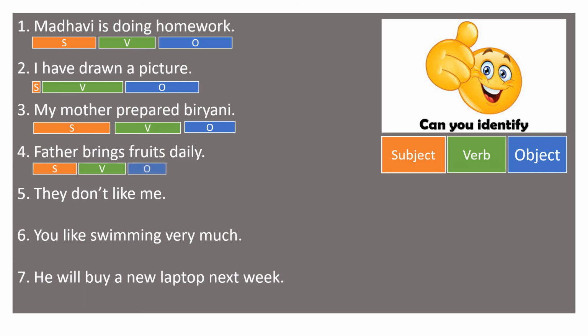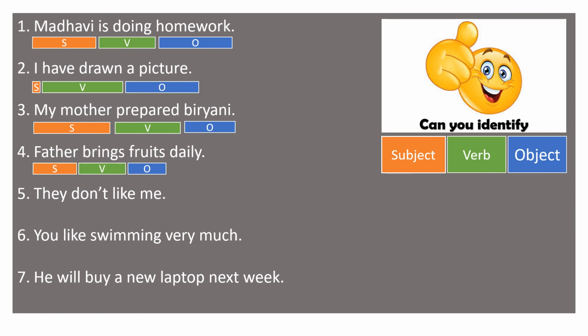So fruits is the object, not daily. Daily is an extra word. So father subject, brings verb, fruits object. From the fourth sentence, what we have understood is, apart from subject, verb and object, in a sentence, there may be even some other words.